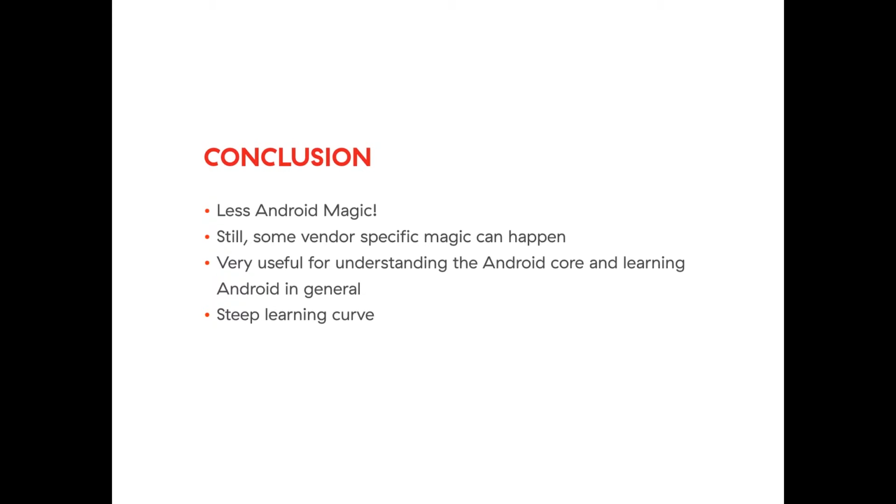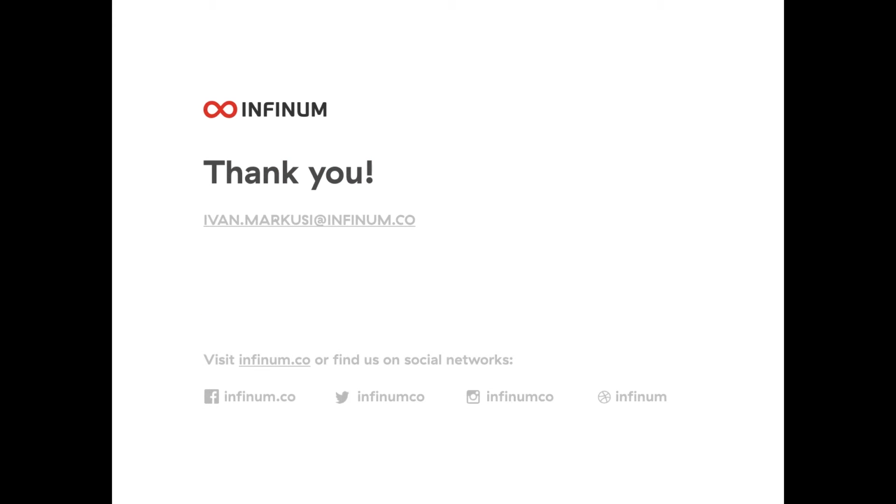Some vendors have different implementations of Android on their devices, so you can't resolve vendor-specific issues. It has a steep learning curve, because if you search for something that doesn't exist or the wrong thing, you will wind up in parts of the code that you don't really have to know about, and that's about it.